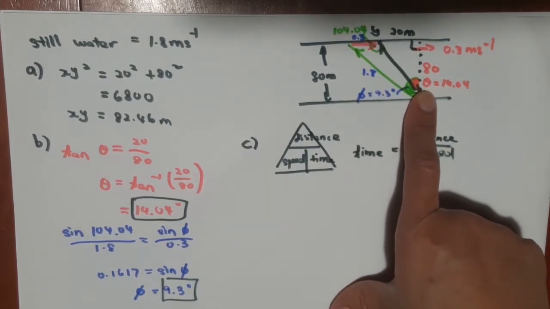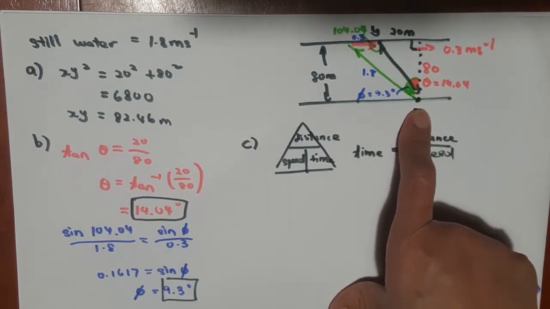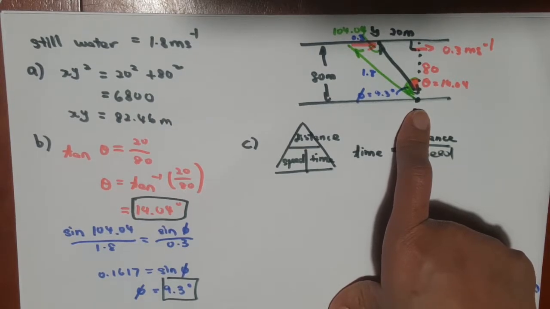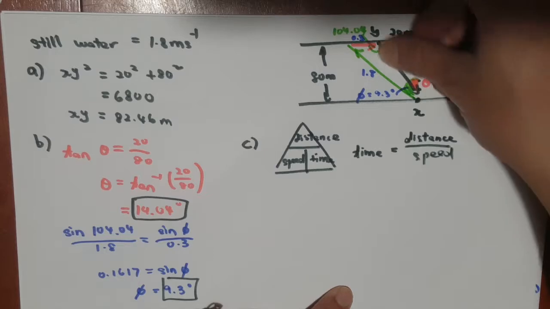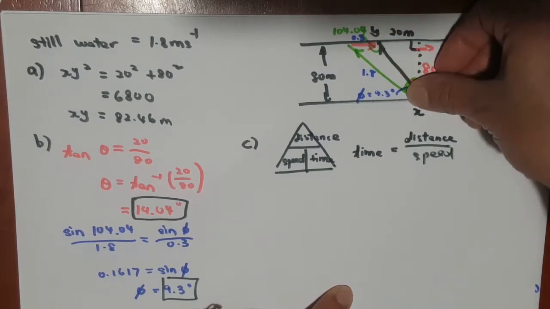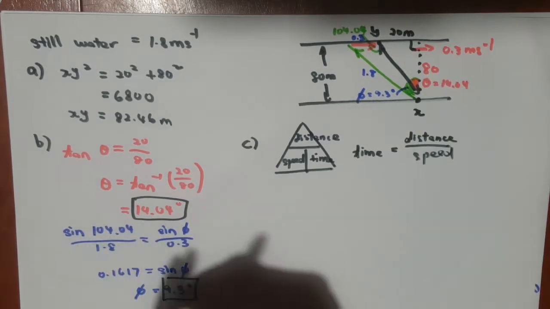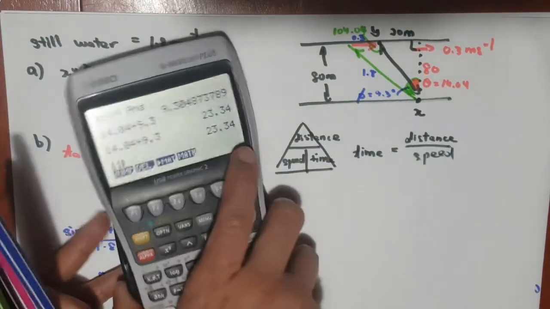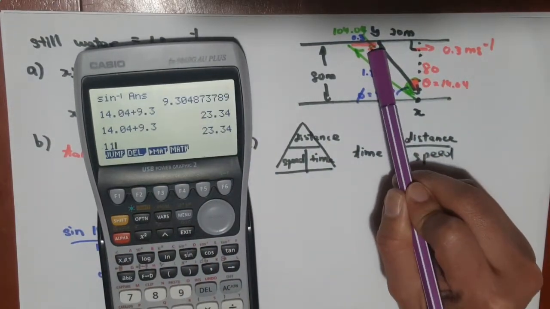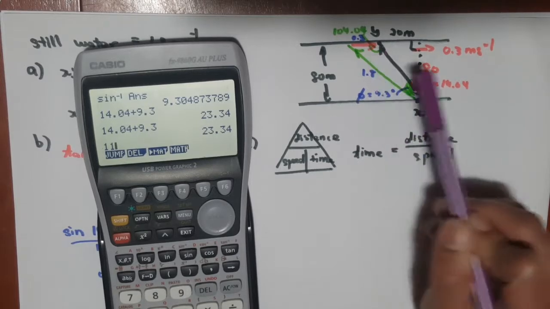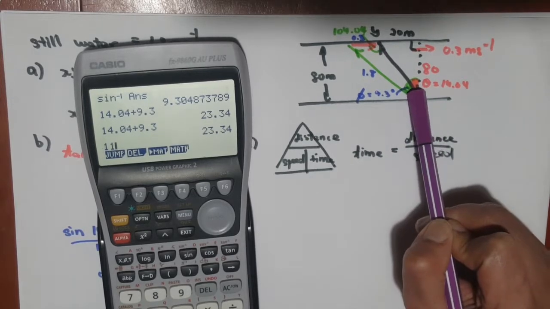So we can actually use a sine rule to get the length of this line here. From just now, we know that this angle right here is 104.04 and this angle is 9.3.